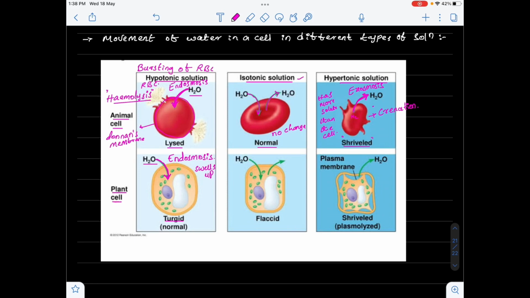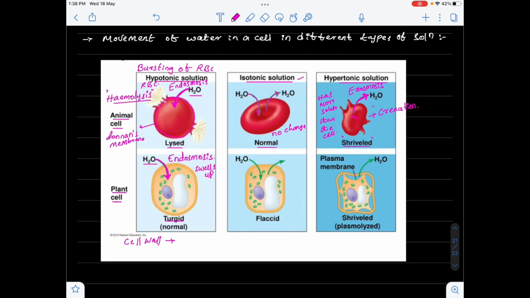So in this case, this continuous entry of water inside the cell does not cause bursting. So why is a plant cell placed in hypotonic solution not bursting like an animal cell? This is because there is an extra layer present in the plant cell, that is the cell wall.